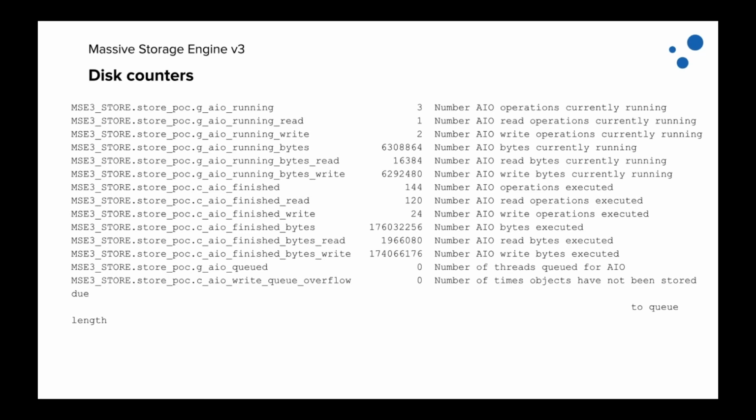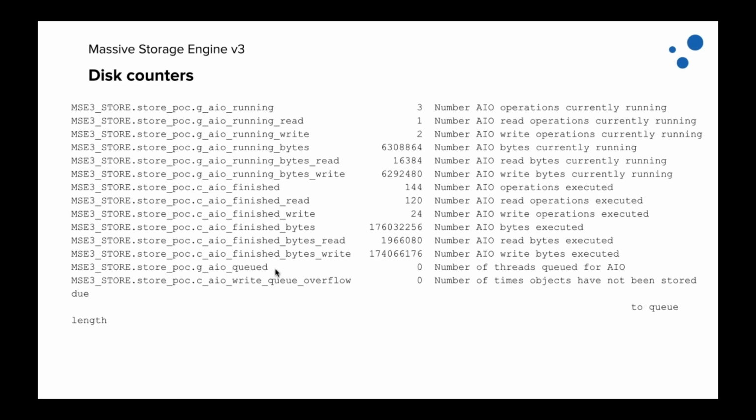And then you have the cumulative counters. Those are the ones that start with a C underscore there. That shows how the system has been performing over time since the Varnish daemon was last restarted. And you will see also that there is this queued counter here.